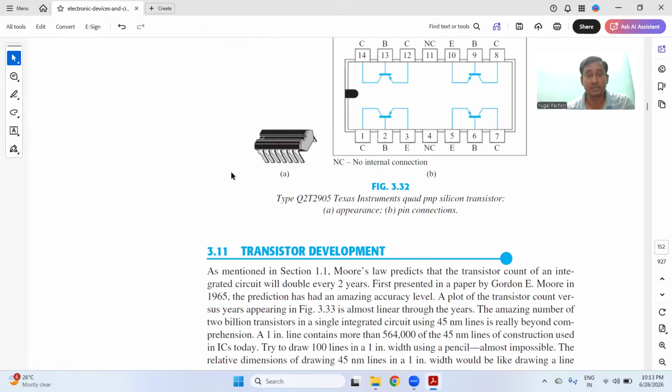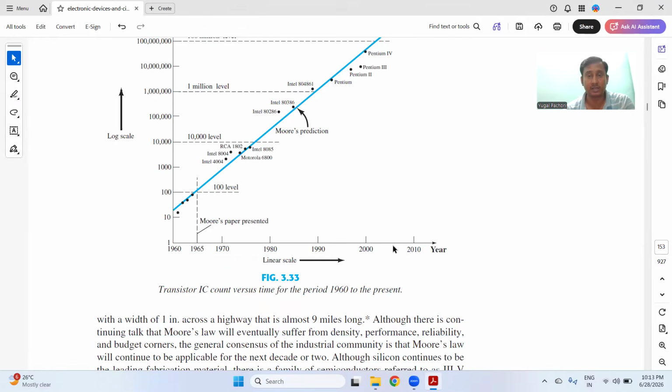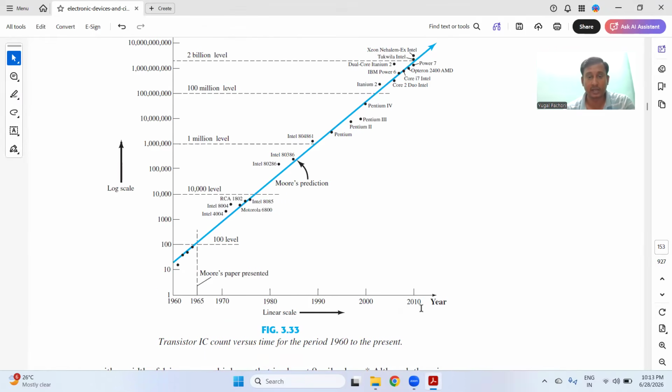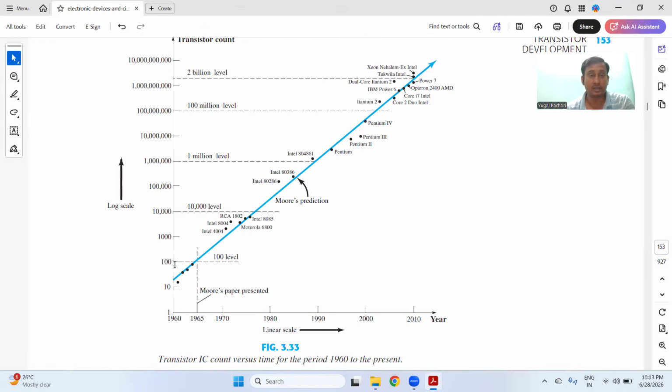And this is the transistor development characteristics. This goes from 1960 to 2010, and look at the number of transistors used in any chip or IC.